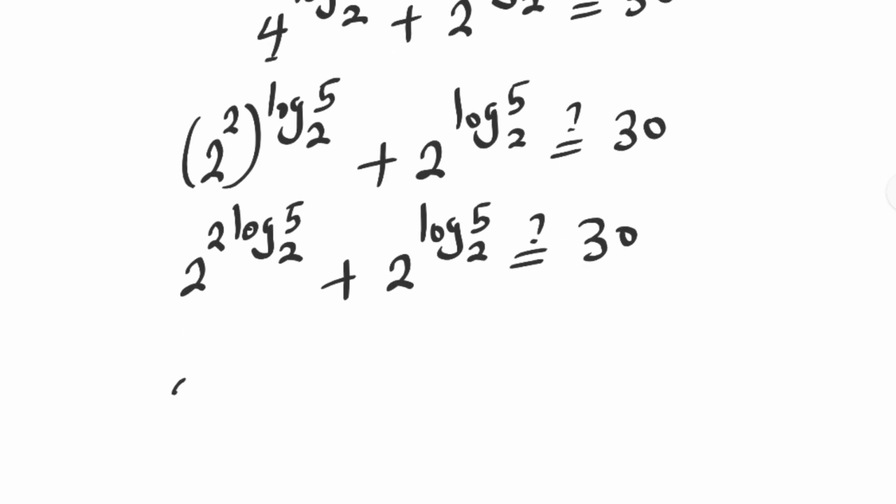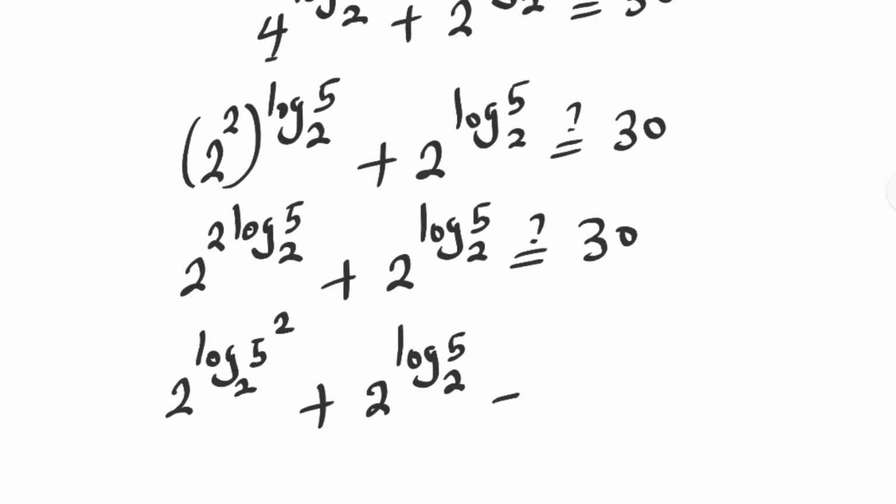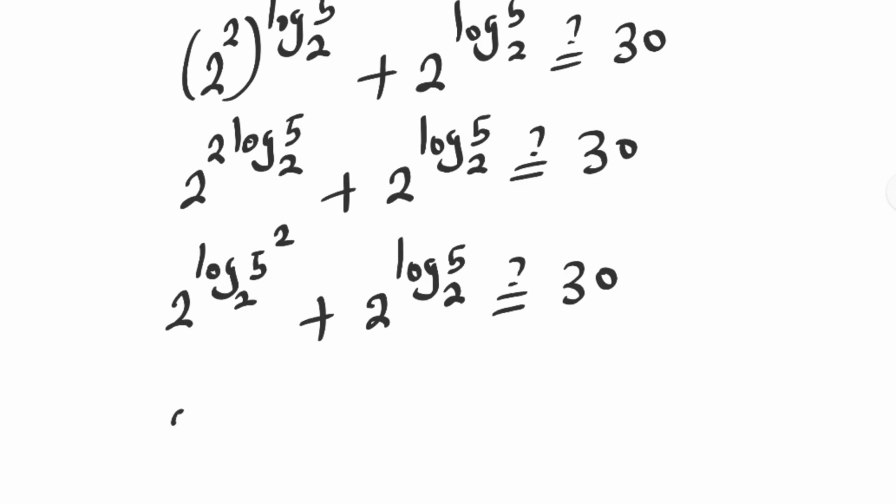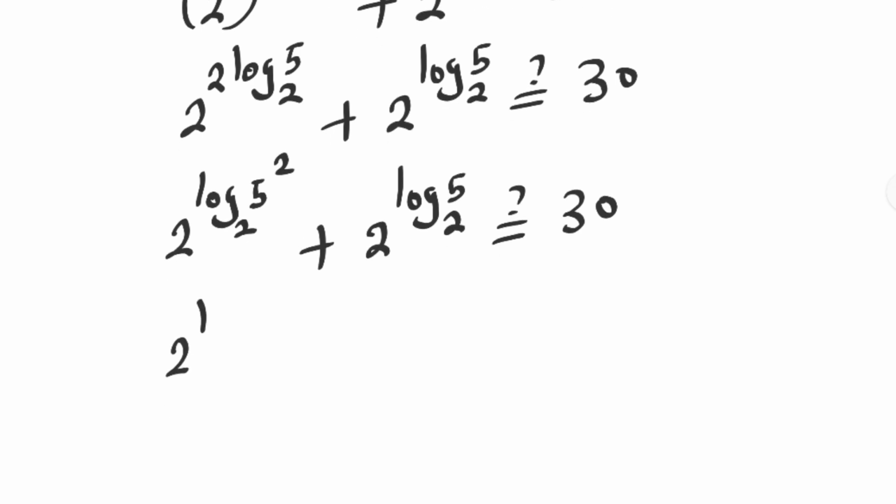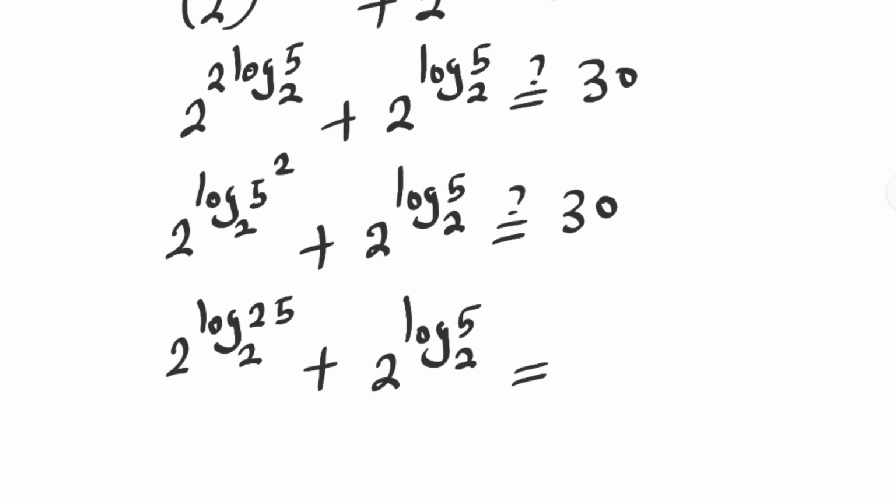Then this can be written as 2 raised to power log 5 squared base 2 plus 2 raised to power log 5 base 2 must be equal to 30. This is 2 raised to power log 5 squared, that is 25, base 2 plus 2 raised to power log 5 base 2 must be equal to 30.